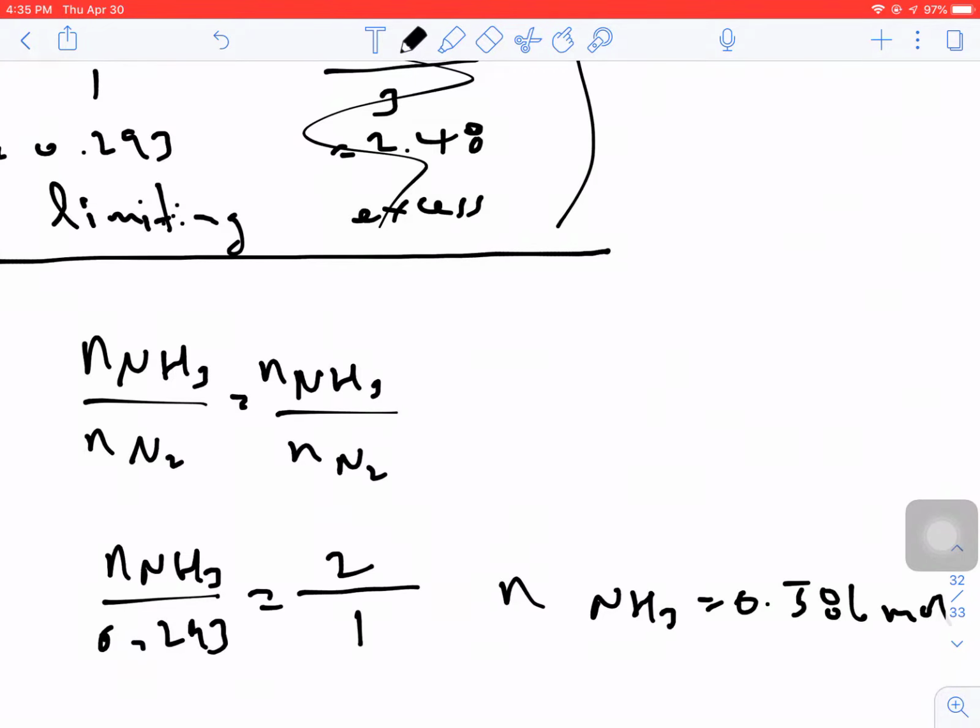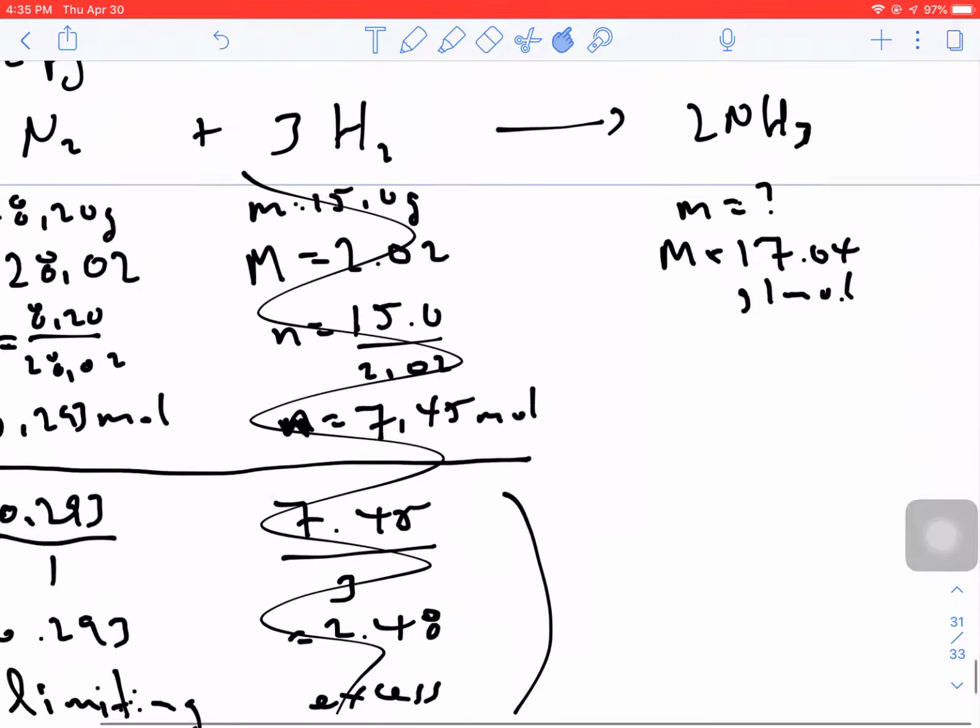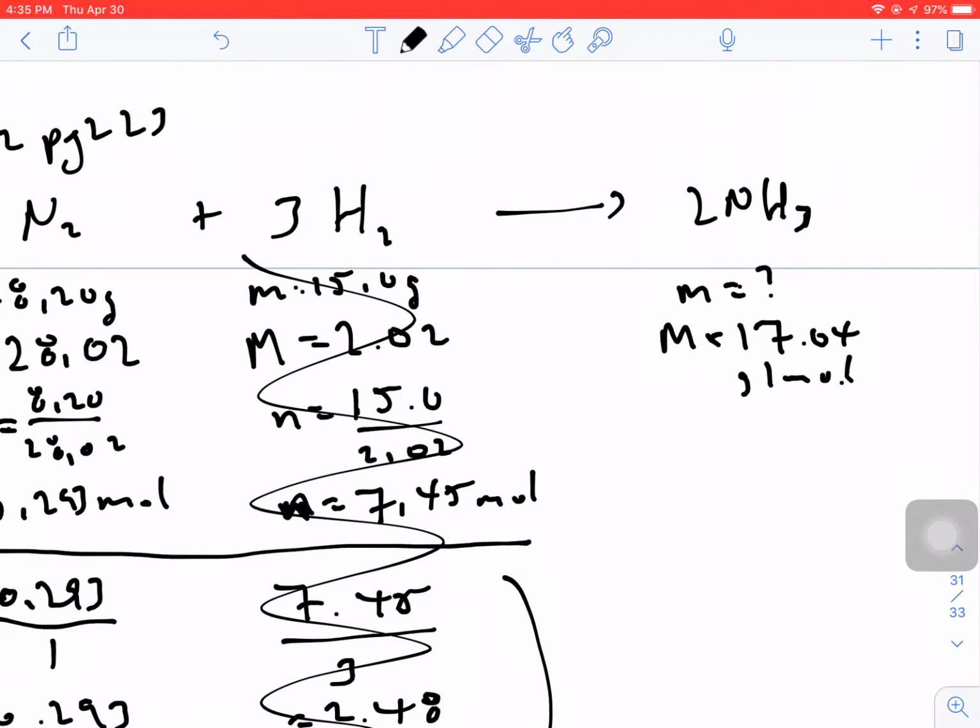Okay. Now I know my number of moles on this side. I can use that number of moles up here. Number of moles of ammonia, 0.586 moles.